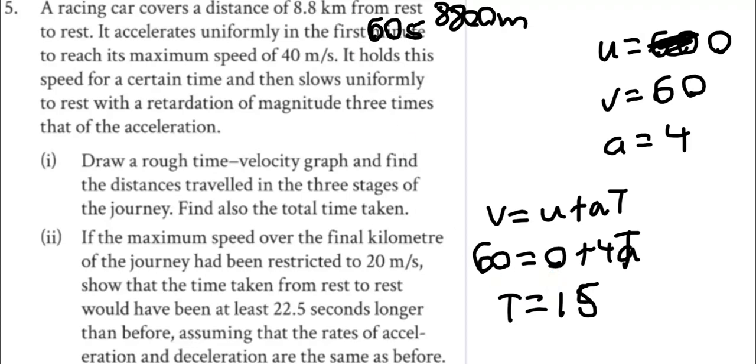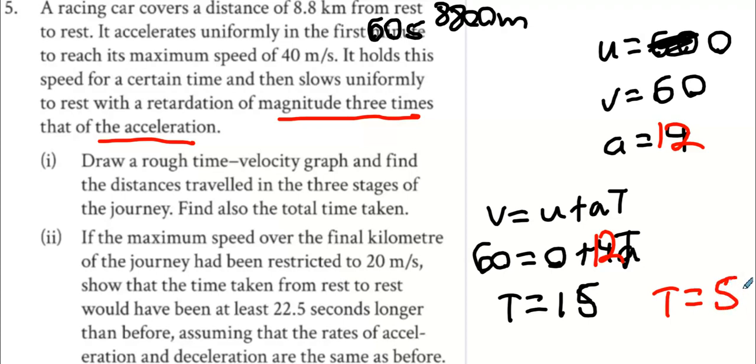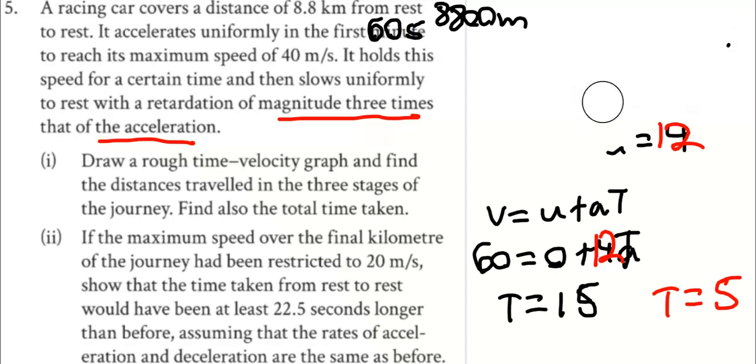In this question we're going to triple the deceleration. So if I make A 12, this is now 12T. What's T now? T will be 5. Tripling the acceleration or deceleration gives 1/3 the time. It's an important trick when you're doing this.